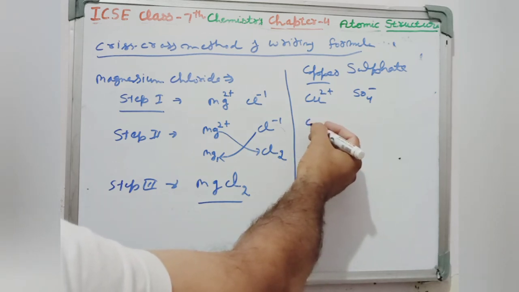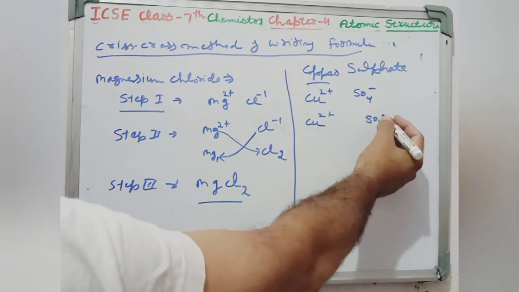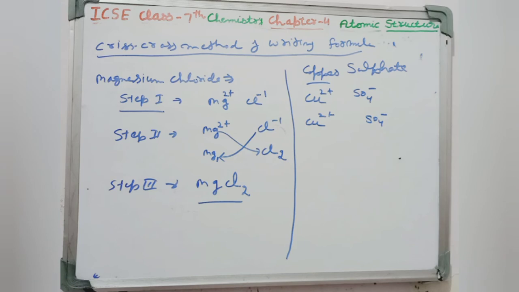Now we will do Cu2+ SO4 2-. We will make this cross.